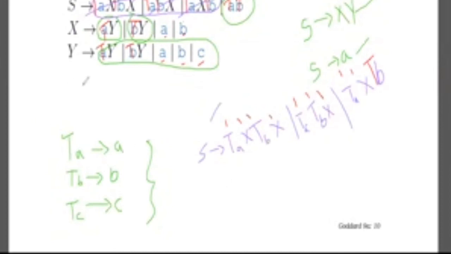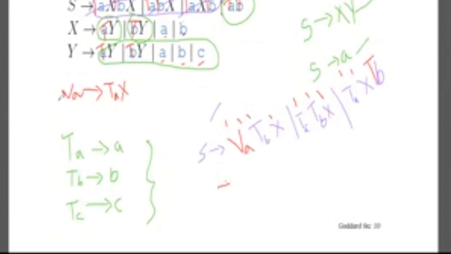I'll add new productions here. What are the new productions? Let us take a new variable VA. Now VA stands for TAX. This one. Now this entire thing can be replaced with VA.